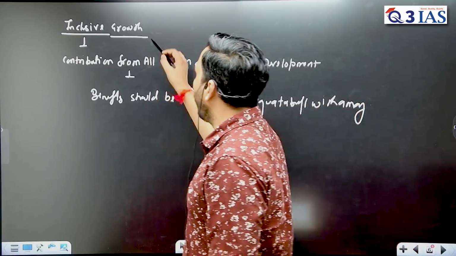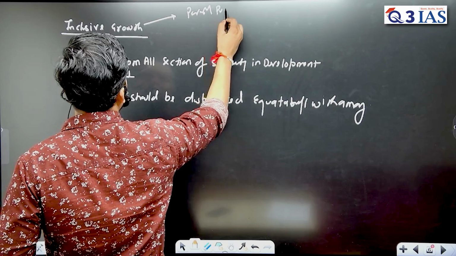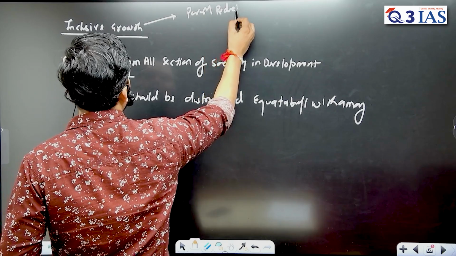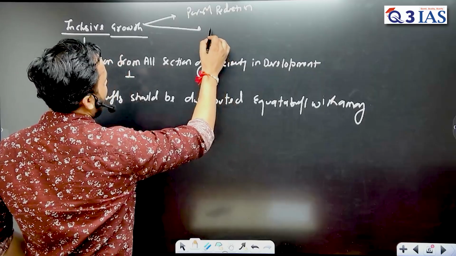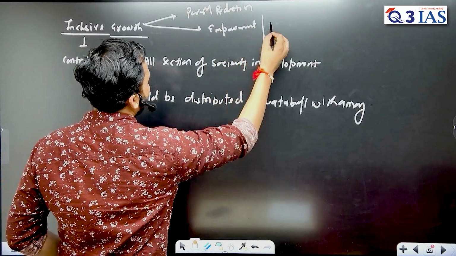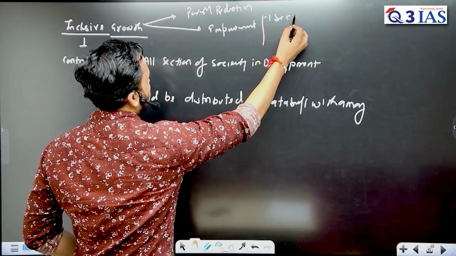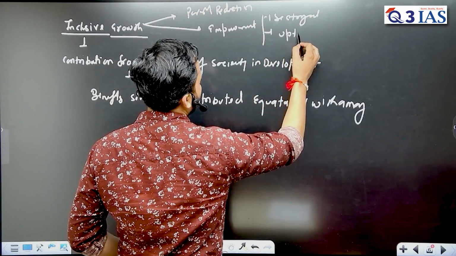Basically, inclusive growth focuses on poverty reduction. Inclusive growth focuses on empowerment, sectoral growth, upliftment.